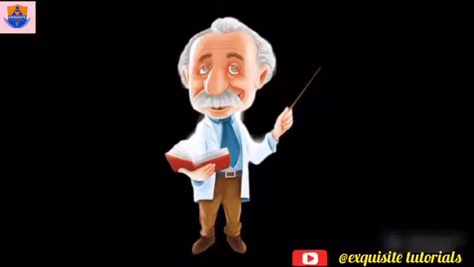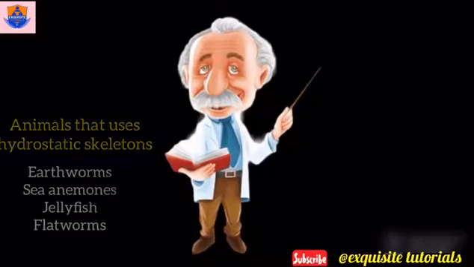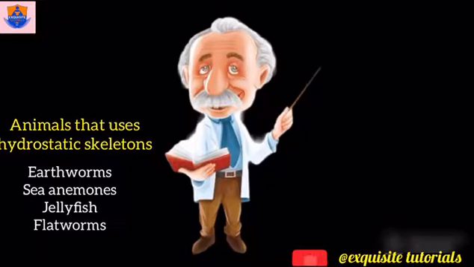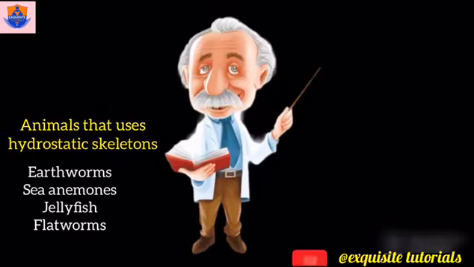Of course, you know the meaning of the word hydro: hydro means water. The skeleton is taken over by fluid, so that is why I said it is more or less like a pseudo skeleton. Animals in which you can find this skeleton include the earthworm, and you can also find it in sea animals.